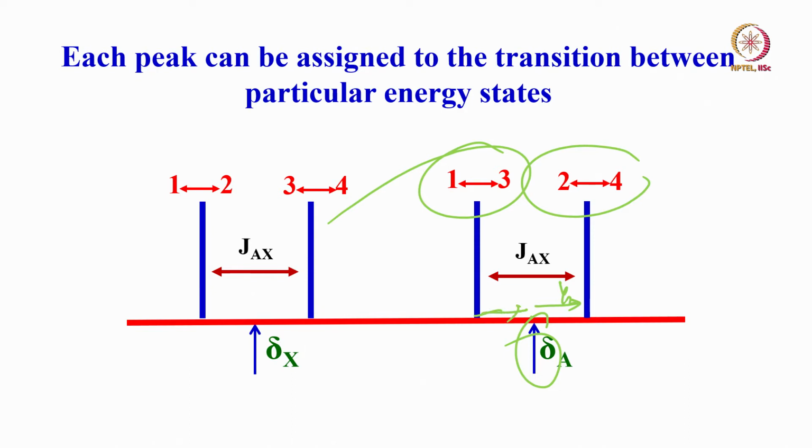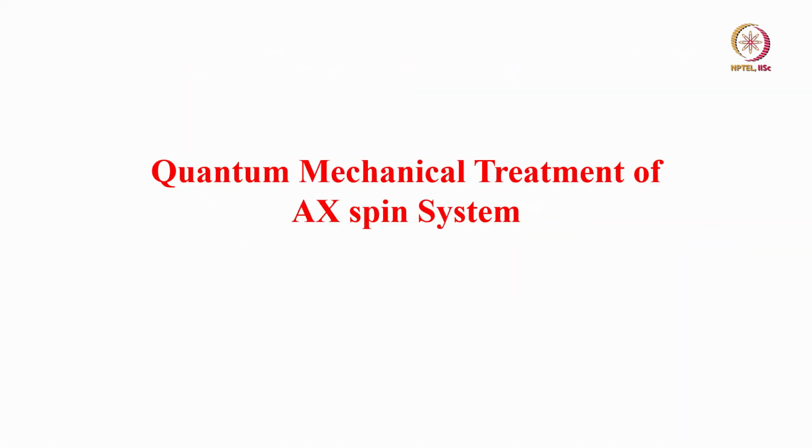You get 2 peaks because the frequencies of transitions are different, and this separation is called interaction strength, coupling constant, scalar coupling constant JAX, A and X. Identically you see that in the X spin case also. This is A, this is X spin. Same, you get 2 lines, separation is JAX. 4 peaks you got, and you got 4 energy levels. This is what, for the beginners who did not come to my last class, I wanted to brief you.